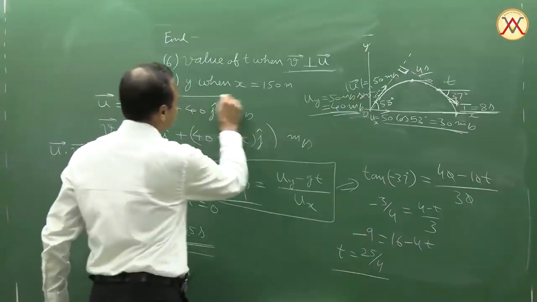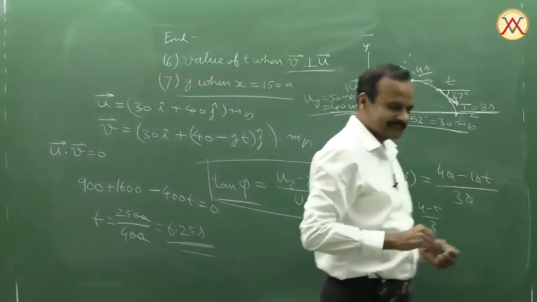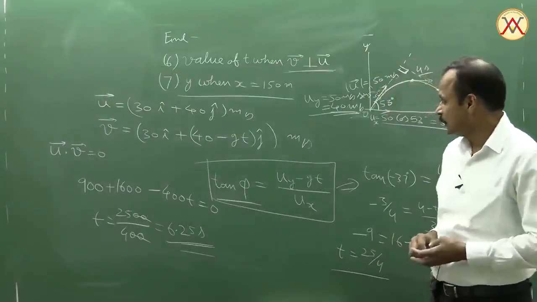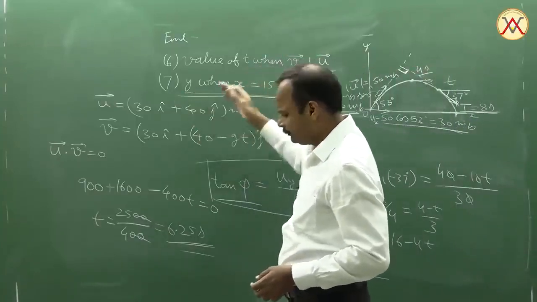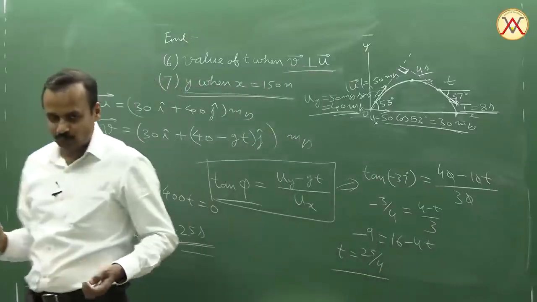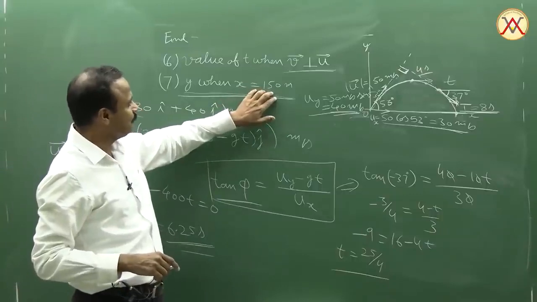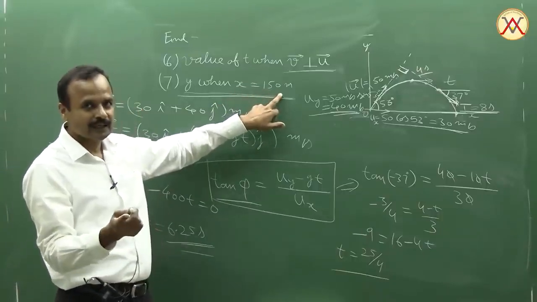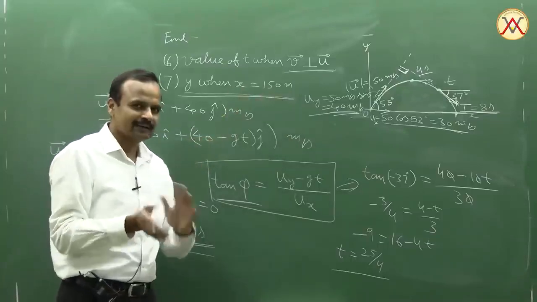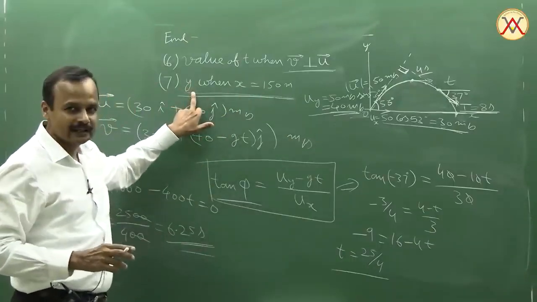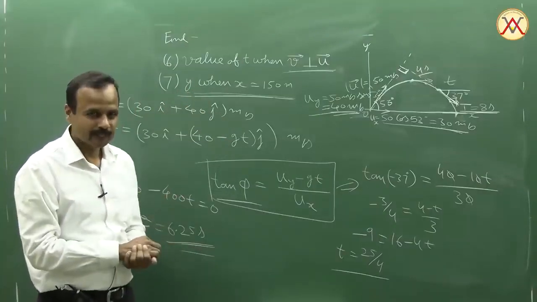The part number 7, we want the value of y when x is 150 meters. Now, this one can be done again in two ways. One way will be that we find the value of time when x is 150 using the formula for x coordinate, and then we put that value of t in y coordinate and we get the value of y.